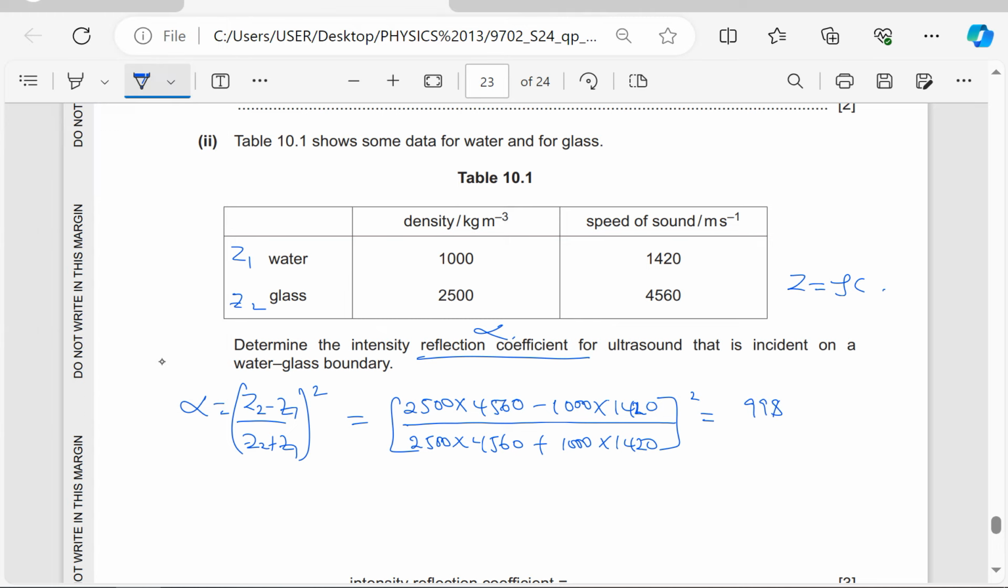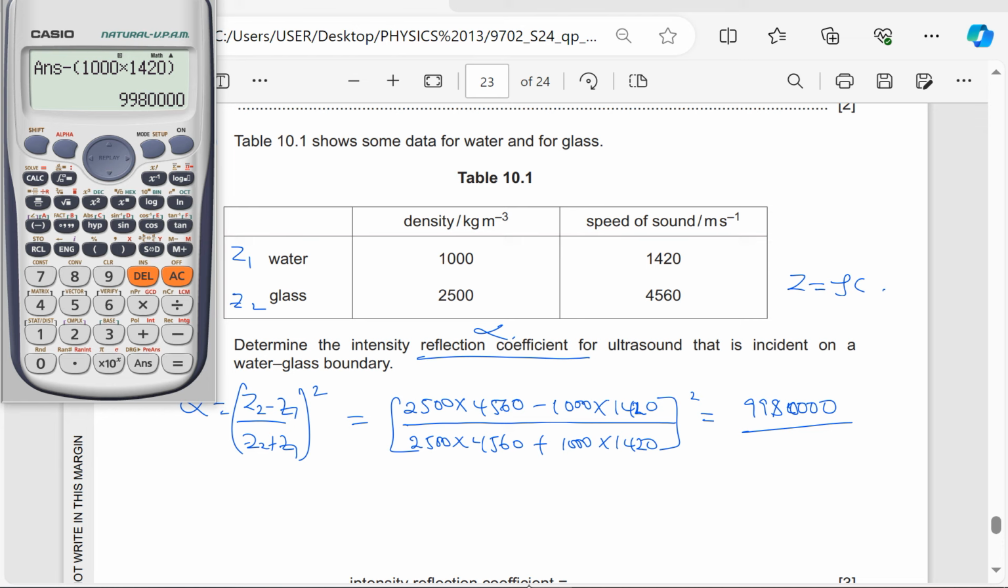Divide by 2500 times 4560 plus 1000 times 1420.